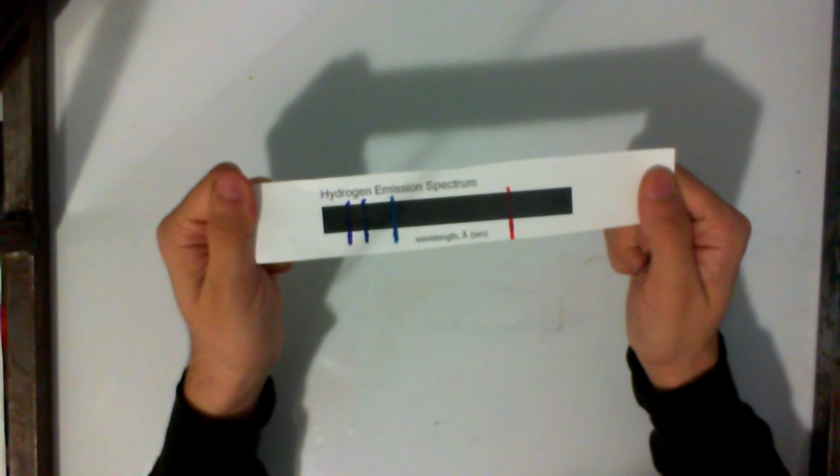For example, here is a hydrogen emission spectrum that my teacher printed out for us to refer to. It's printed in black and white, but I colored in the dashes that are required for you to understand. You can see it is measured in nanometers, and it goes from right to left, so the largest wavelengths are on the right, and they get smaller as you go left. The colors are red, blue, dark blue, and purple.